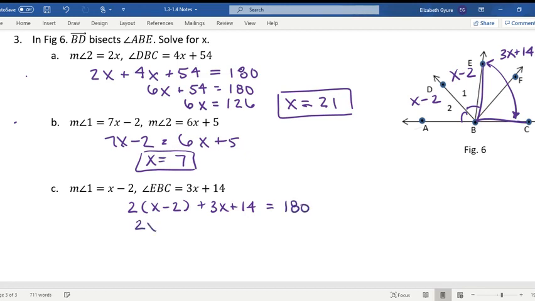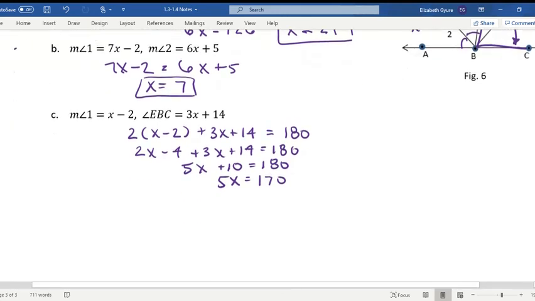Distribute the 2, 2x minus 4, plus 3x plus 14 equals 180. Combine your like terms, 5x plus 10 equals 180. Subtract your 10, 5x equals 70, and divide that out to get 14.